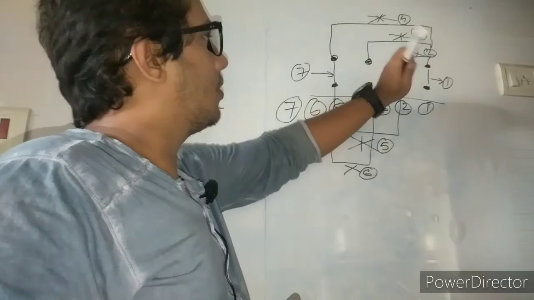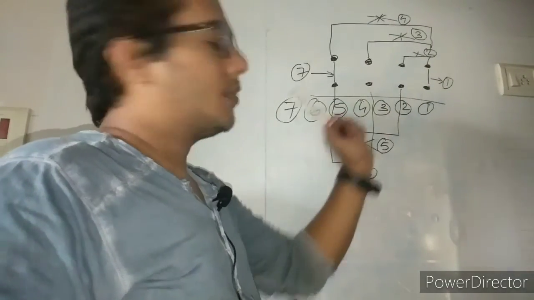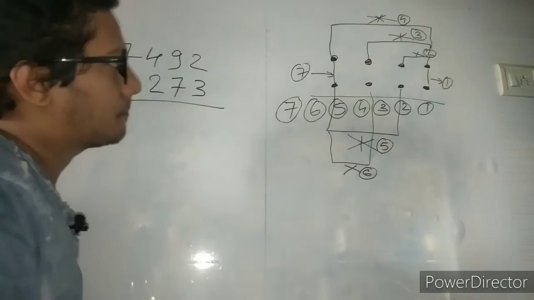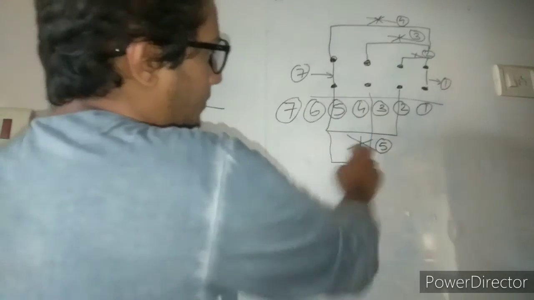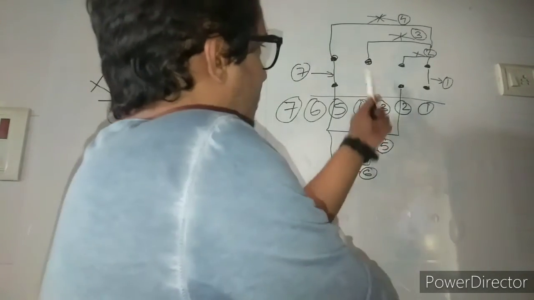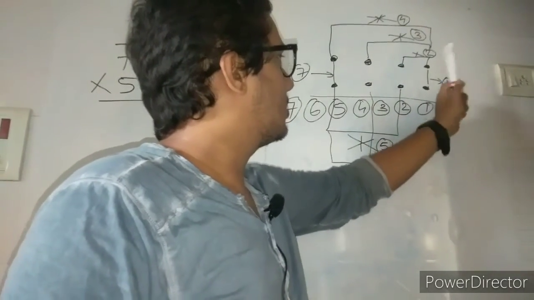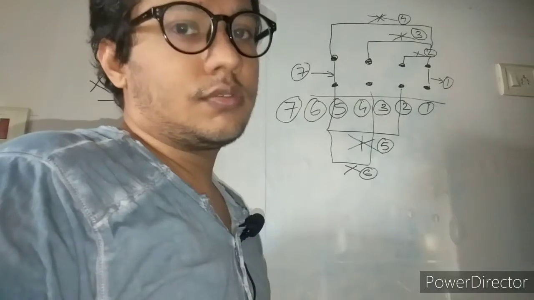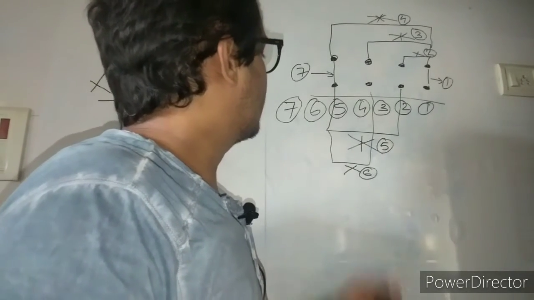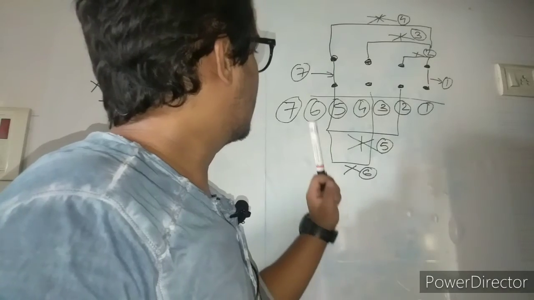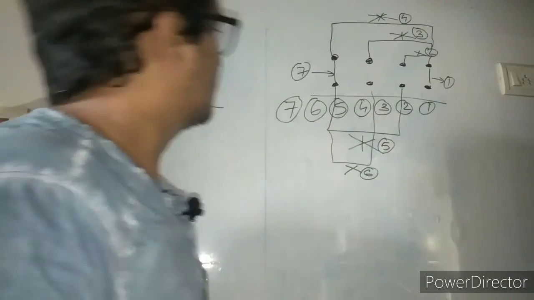Fourth step, all these 8 numbers, cross multiplication and again small cross multiplication. Then fifth step, cross multiplication and straight multiplication. Forget these two numbers for the fifth step. Then cross multiplication for the 6th step, and straight multiplication for the 7th step.